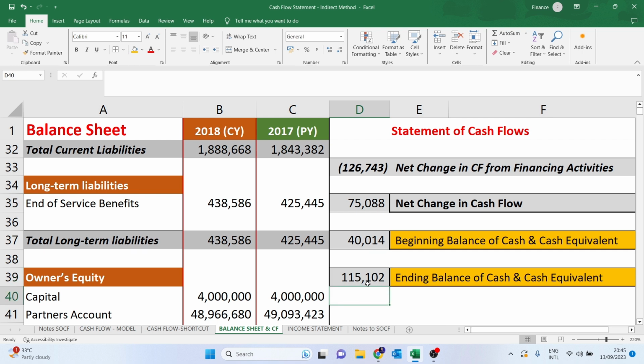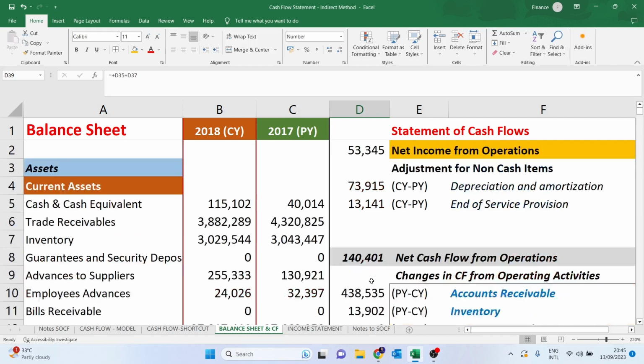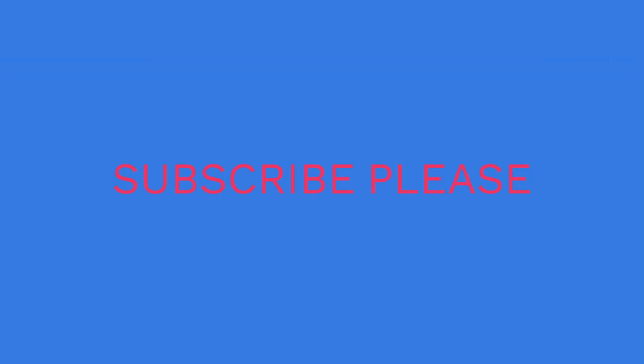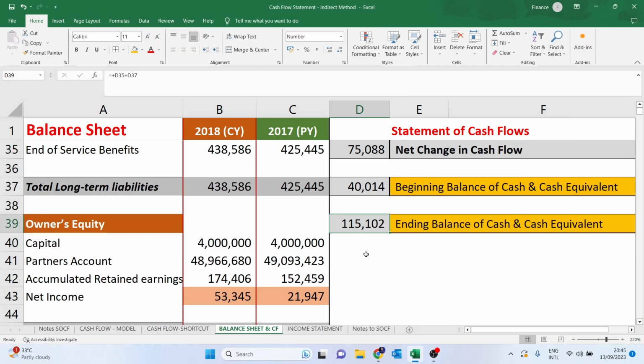Now just cross check whether it is matching or not. 115,102, just check. Yeah, it is correct. So this is called the statement of cash flows. It is matching now. No issues. Nothing to be worried.